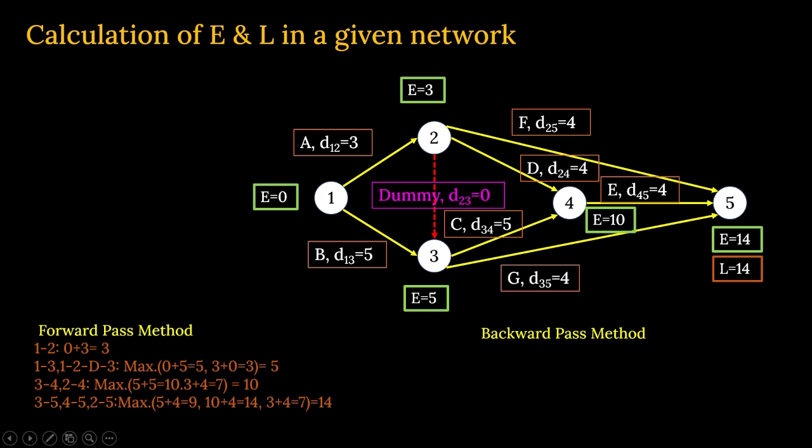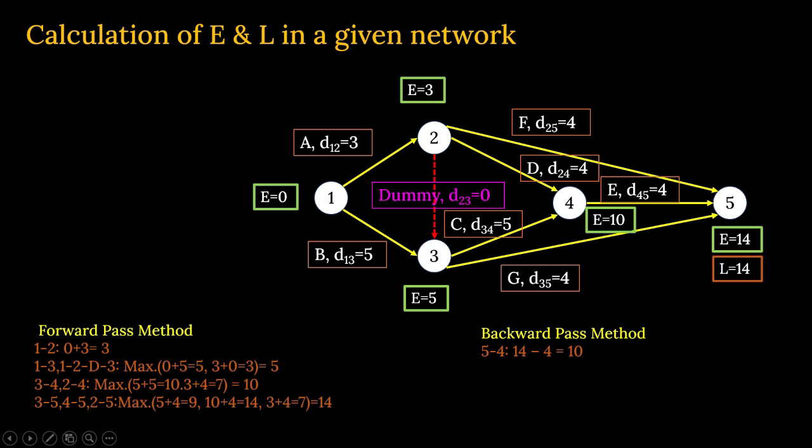Now we'll apply the backward pass method. First let us see at this point, node number 4. How many arrows are coming back to this node number 4? Only one arrow. This arrow is initially coming from 4 to 5. Now we'll consider it 5 to 4.